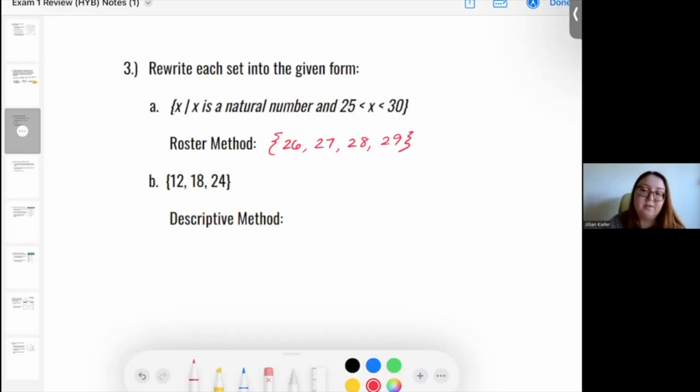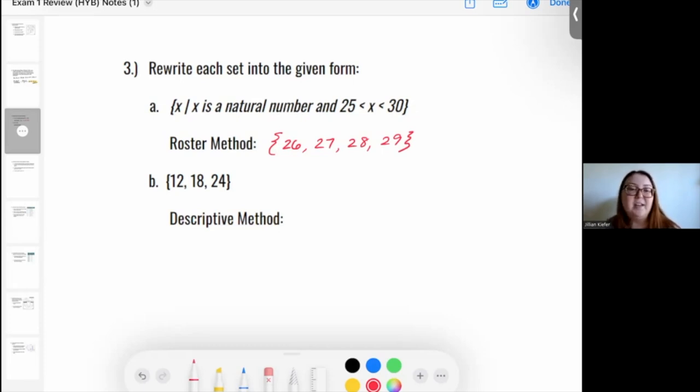So we finish off our answer with another curly brace. So this set in roster method really just corresponds to the numbers 26, 27, 28, and 29. So once again, if those inequalities had the little line underneath, you could include the value of 25 or 30, but in this case, it does not. So you do not include 25 and you do not include 30.